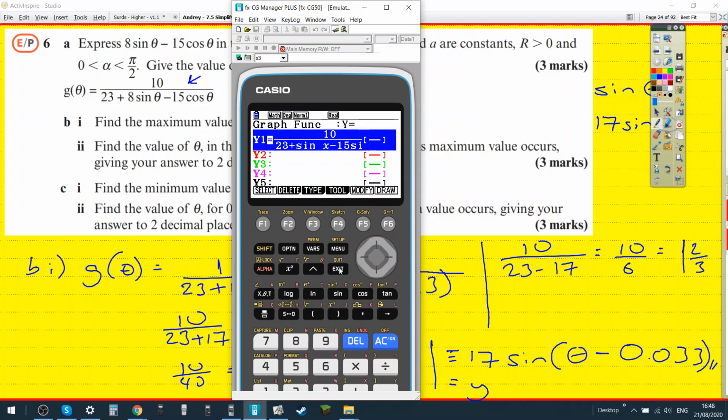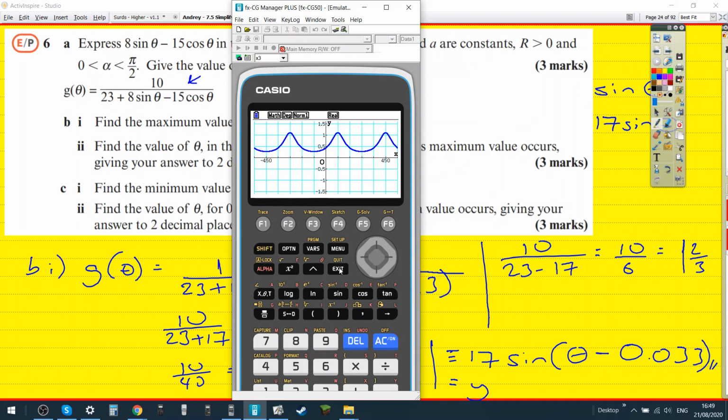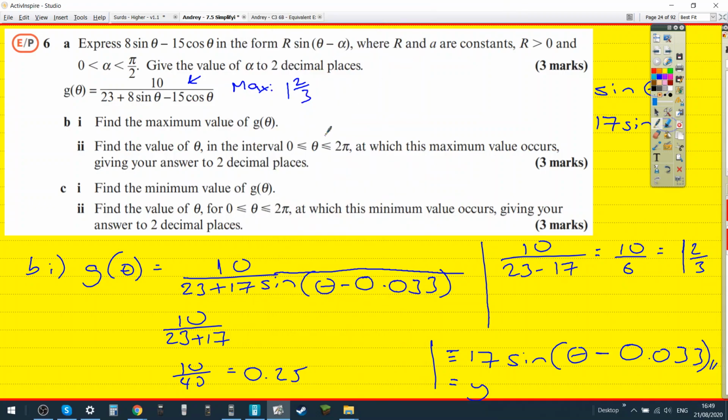No, I got no solution. It's just the zoom makes it a bit weird, but I think I'm not perfect with this calculator. Graphical solve, maximum. I did change the view window to trig.